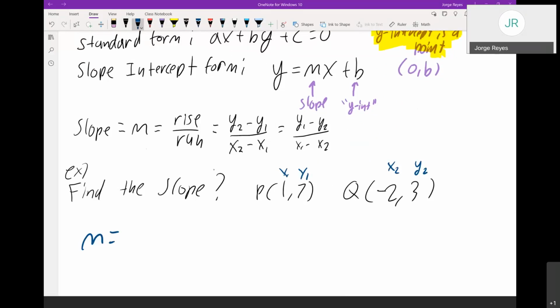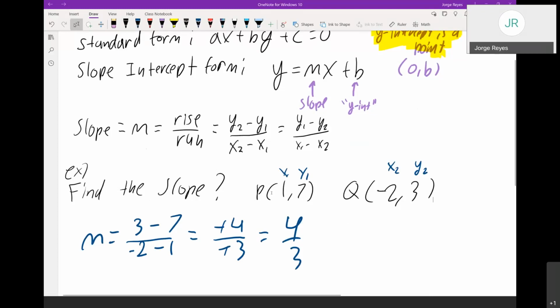So (3 - 7) over (-2 - 1). This gets you -4 over -3. The negatives cancel. The slope is 4/3. Not hard. You just plug them in and get the numbers.